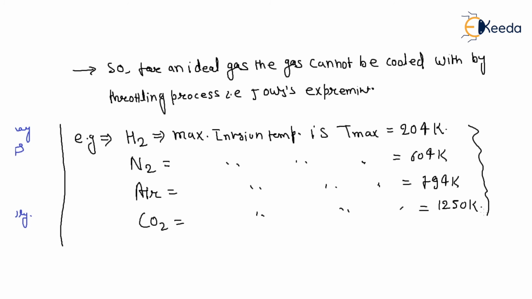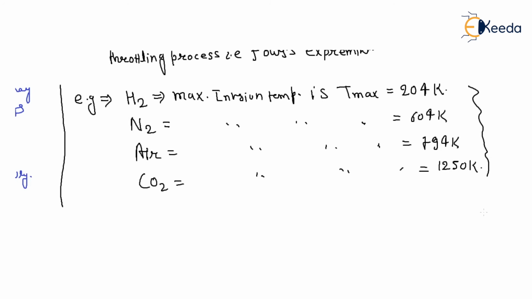So first of all, what is the mechanism if the temperature is higher than the inversion temperature? This temperature is above the atmospheric temperature, 273. That means this is the maximum inversion temperature, and our initial temperature is 273 Kelvin, which is above that inversion temperature.